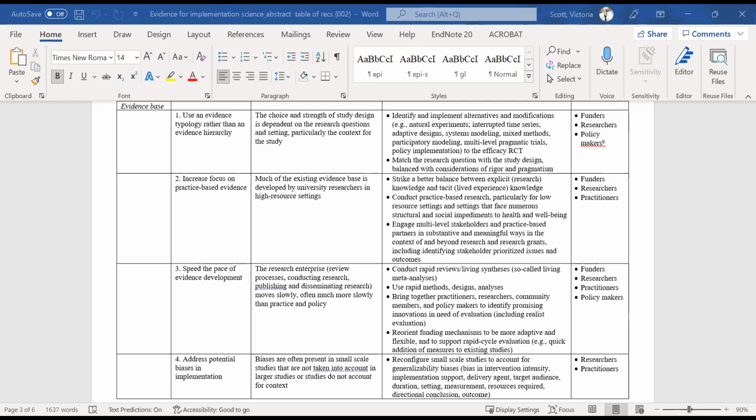I was wondering, for this table, is it just supposed to be focused on that type 3 evidence for dissemination and implementation, or is it supposed to inform all types? I would say it's primarily the type 3 bucket, but there's so much overlap between these.